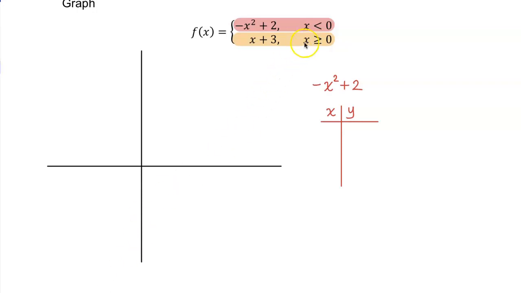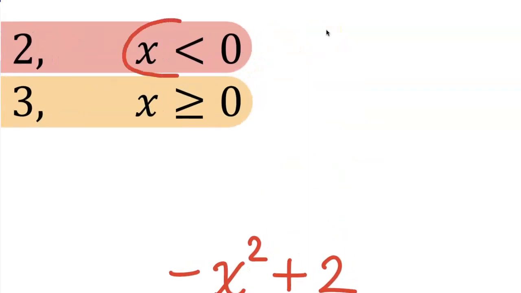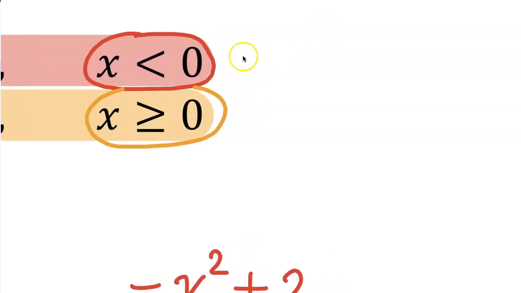I am not really allowed to use x equals 0. You see why, right? It says x is less than 0, strictly less than 0. But I'm telling you to still plug in 0. Go ahead and plug in 0 for both the top and the bottom. Those boundary points, you're just going to be using different circle types, okay? For the quadratic, the red one, you are going to use an open circle.